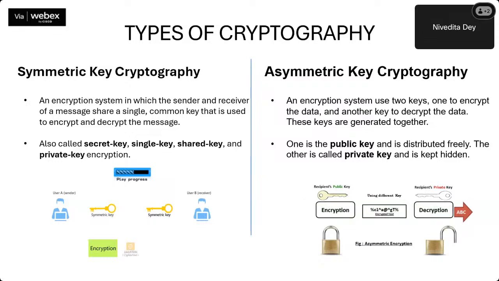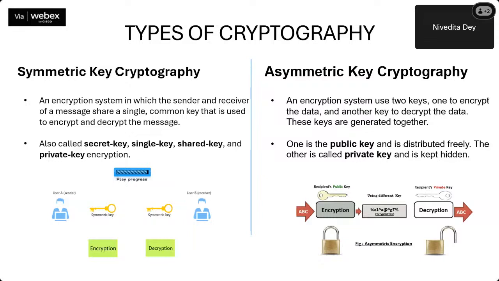Unlike this, there is another domain of cryptographic algorithms known as asymmetric key cryptographic algorithms. The term asymmetric means something is not in symmetry. What is not in symmetry is the key itself, which means we use two different keys: the encryption key and the decryption key are different.